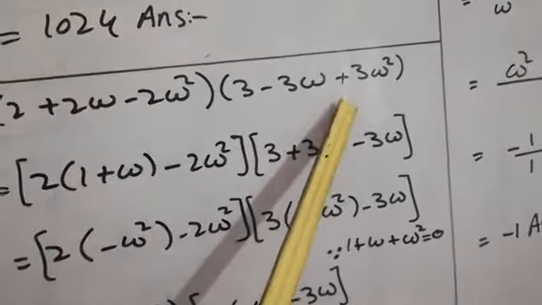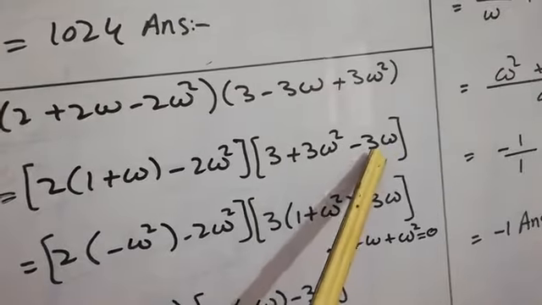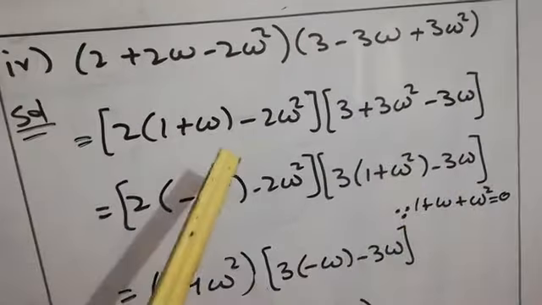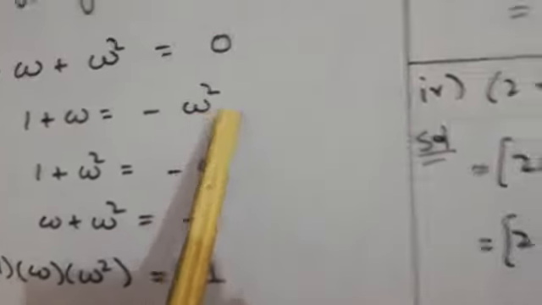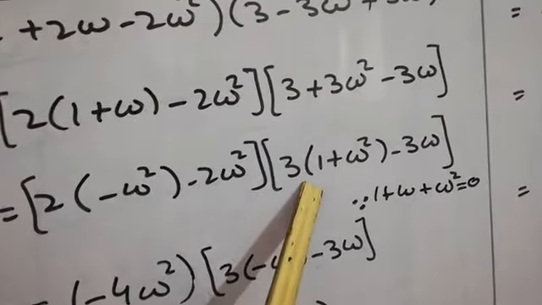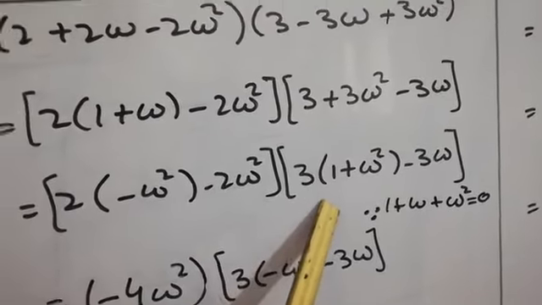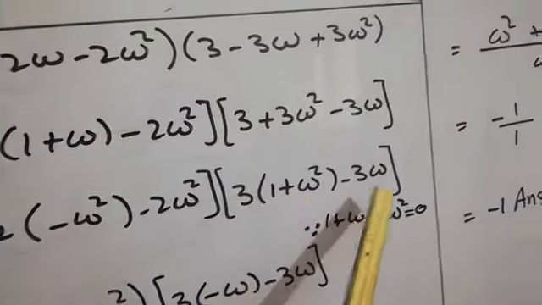In the second bracket, first we arrange the positive terms, 3 and 3 omega square, and write the negative term minus 3 omega. You know that 1 + omega equals minus omega square, so we put that here.